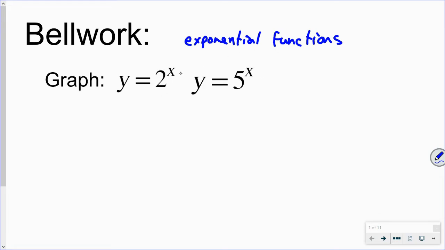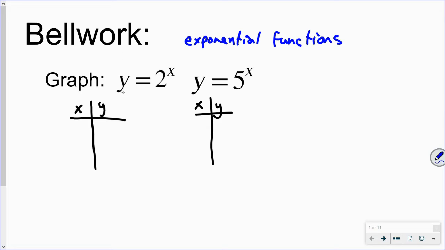Okay, so we're going to have several different types of parent functions. And as we've said before several times, if you do not know how to graph something, or if you don't know what the graph of something looks like, you need to make a table of values. Okay, with exponential graphs, we want positive and negative numbers and 0.